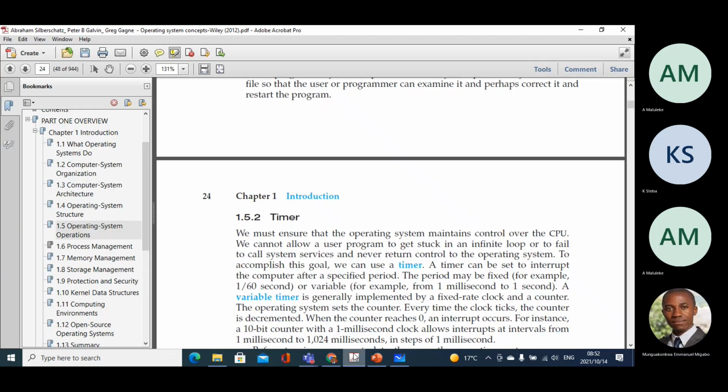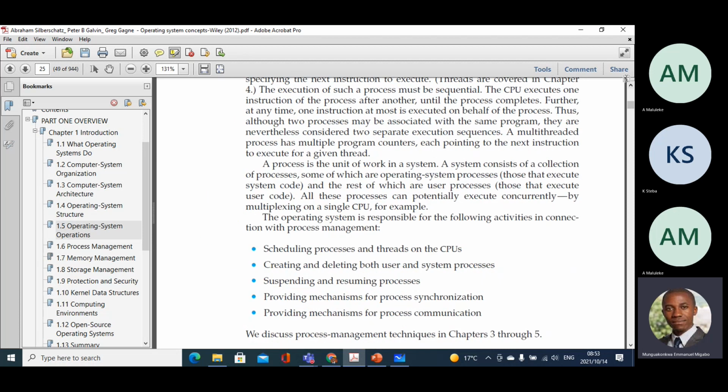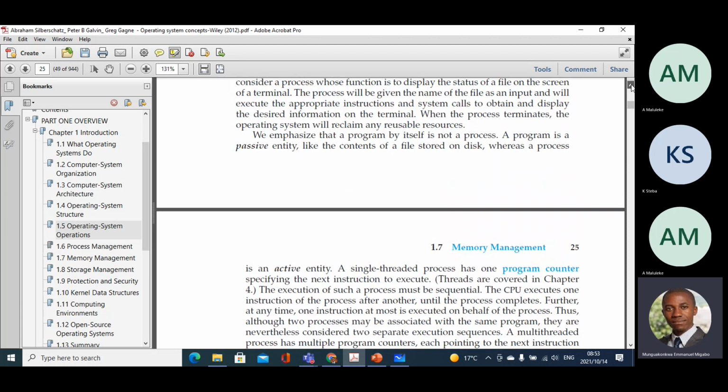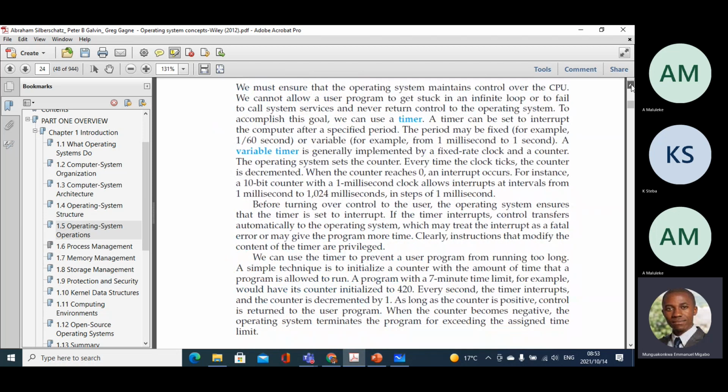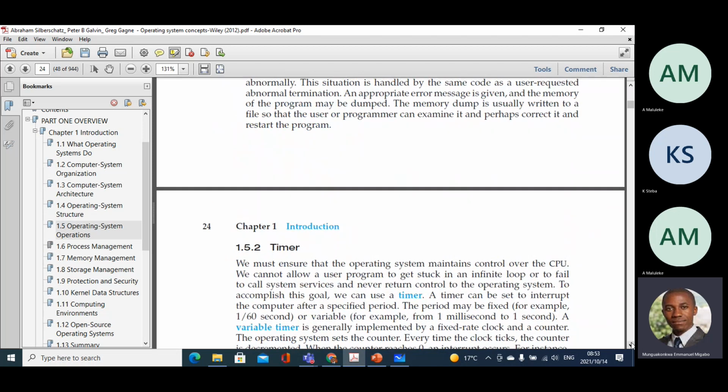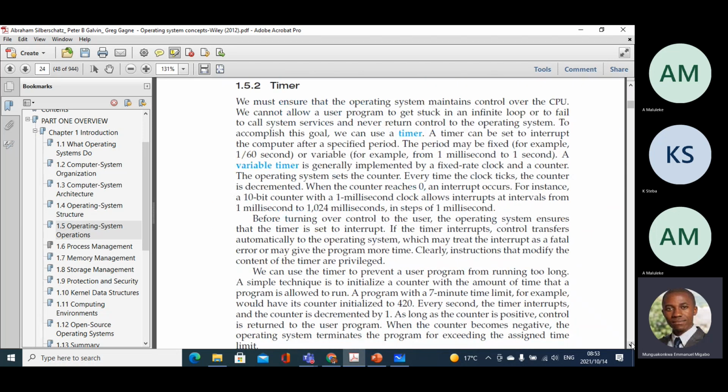Okay. All right. So that was important to understand how timers intervene in an operating system and how they are very useful to ensure a proper operation of an operating system.